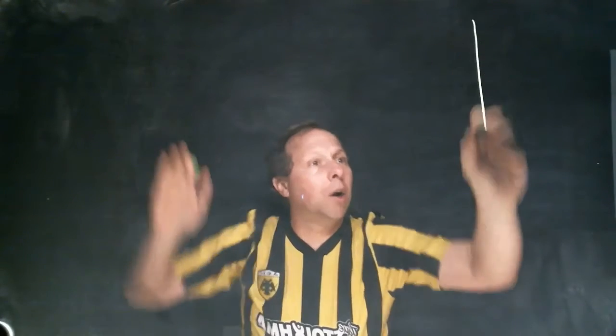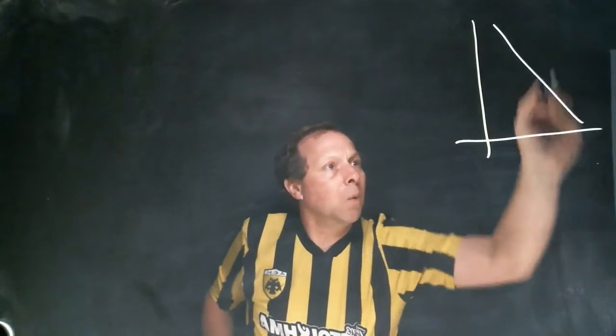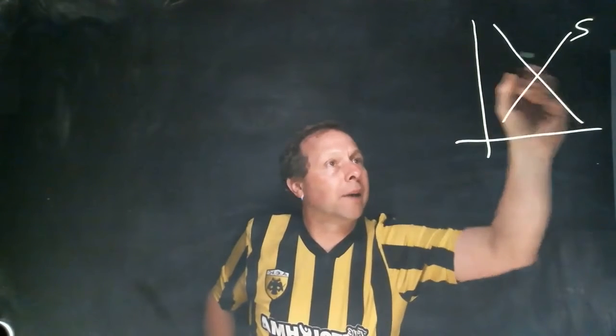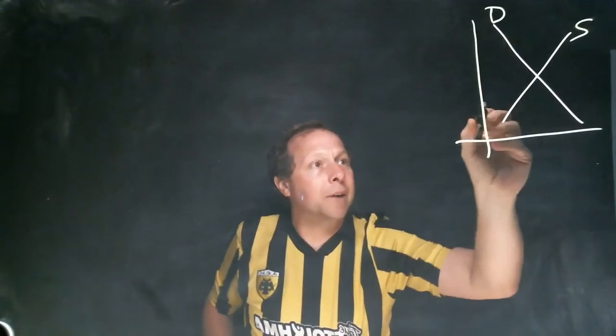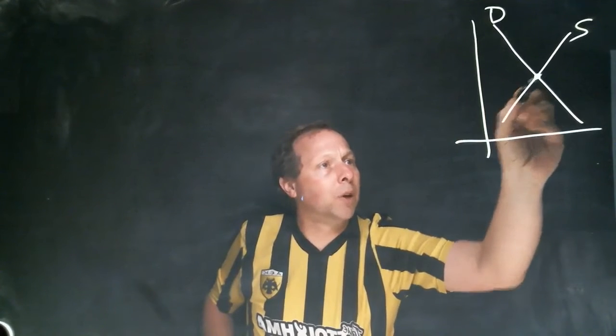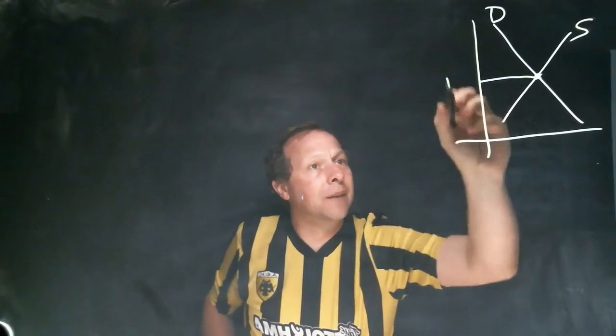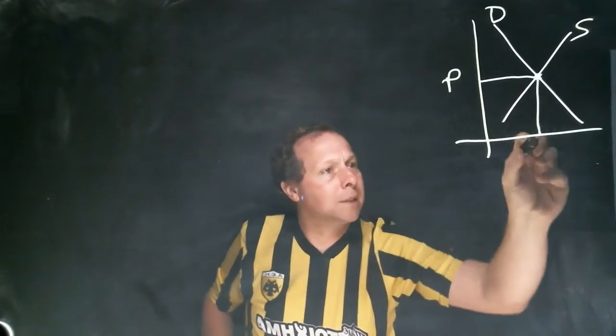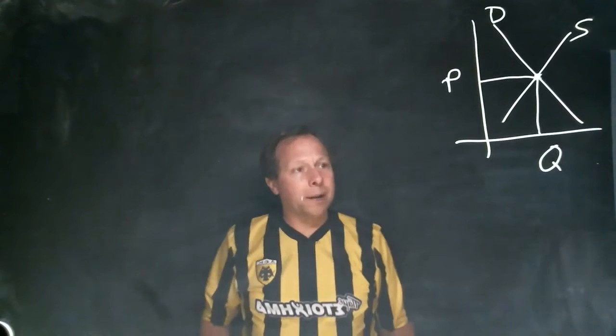Of course, the other way we can do this, and that they do in the book, is graphically. We simply have a supply curve and a demand curve, and where those two curves intersect is going to give us our equilibrium price and our equilibrium quantity.